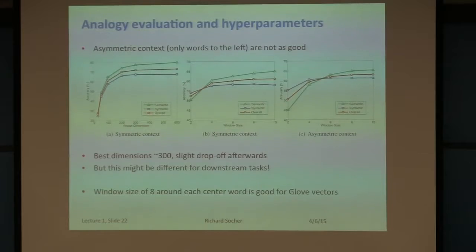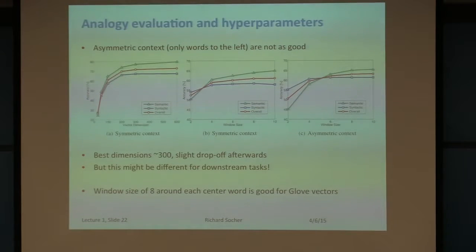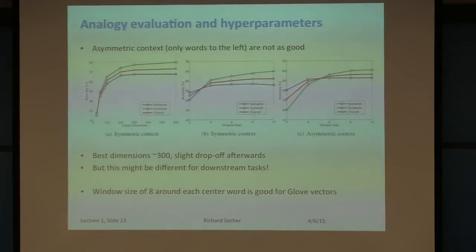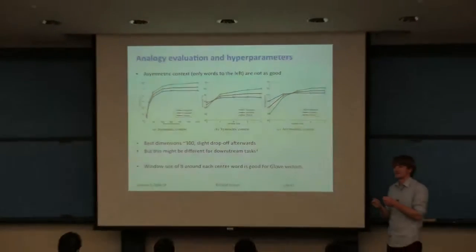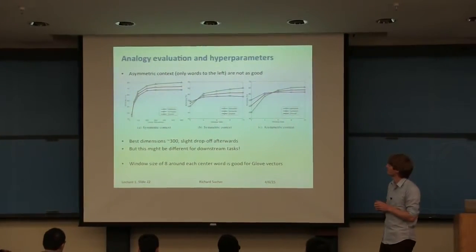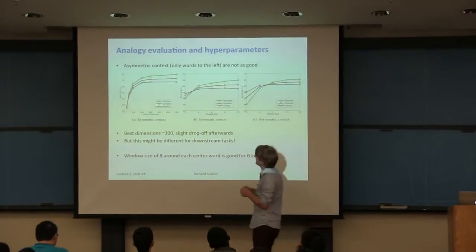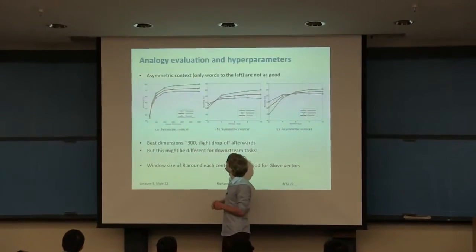So in order to understand this evaluation a little better and also give you an idea of how important it is to tune your hyperparameters and gain intuition for them, here are some plots from the original glove vector paper that basically analyze various decision points that you can make when you implement your word vectors. The first one here is the vector dimensionality.